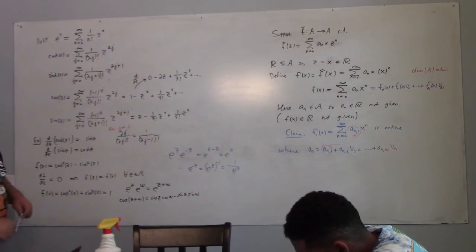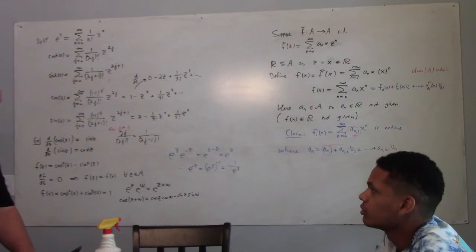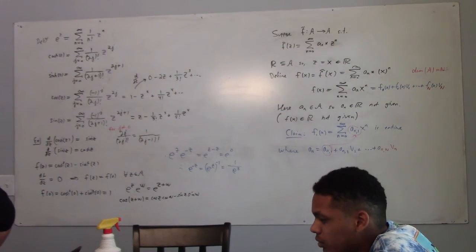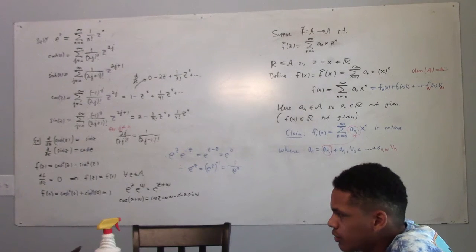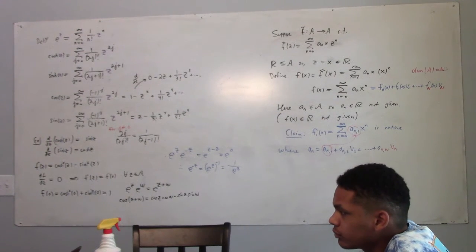But while it's entire on A, it's not entire on the reals. What do you mean? I'm looking up there in 6.2. Like the exponential of z, because on the reals, isn't it restricted from 0 to infinity? Well, if you restrict this exponential to the reals, it's just the ordinary exponential.